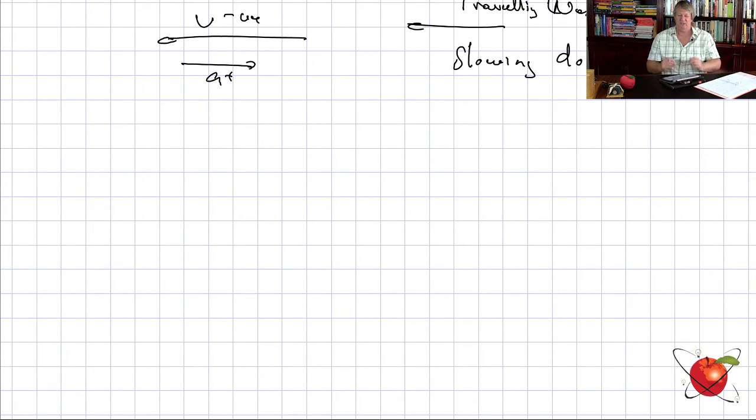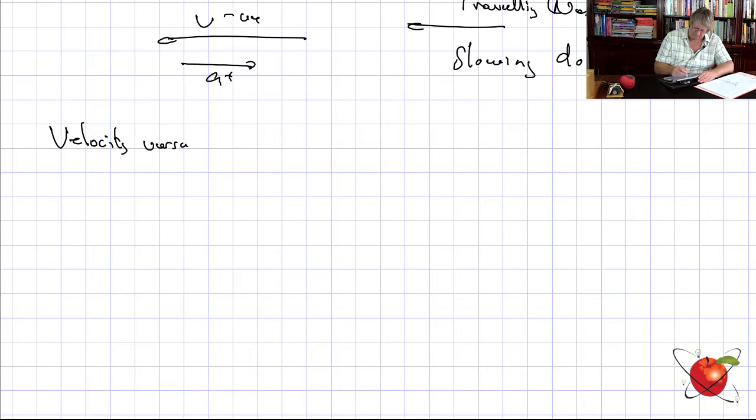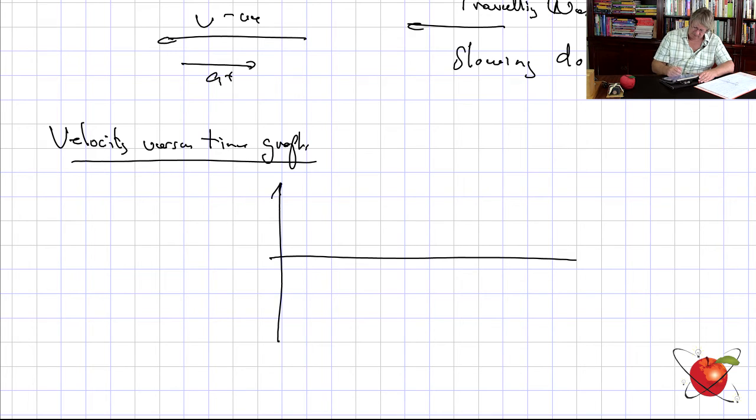The next one is we get a velocity versus time. Velocity versus time graphs. All right? Once again, here we've got plus v minus v, and here is, I'm just going to put it as a time axis. Same as the other ones, an axis of time.